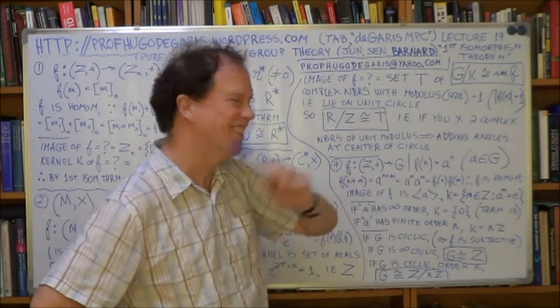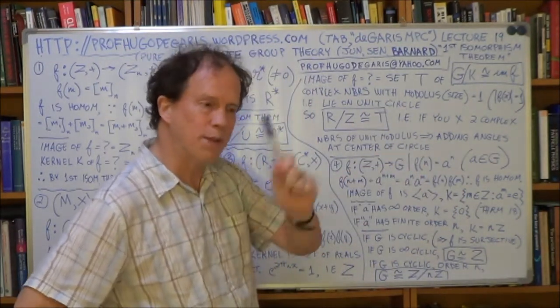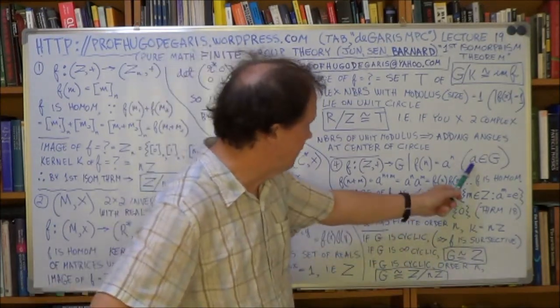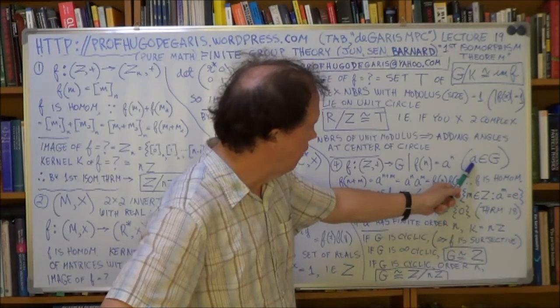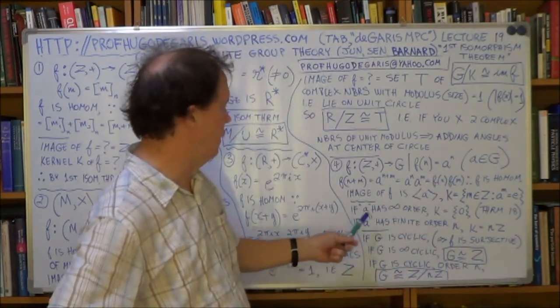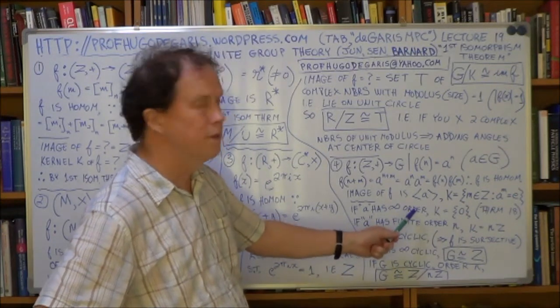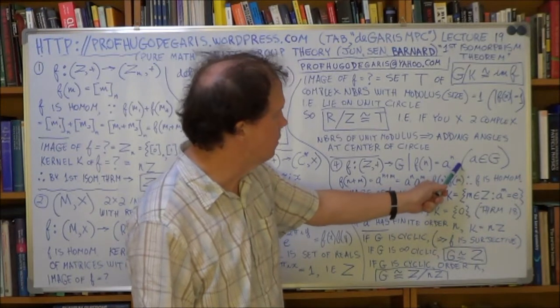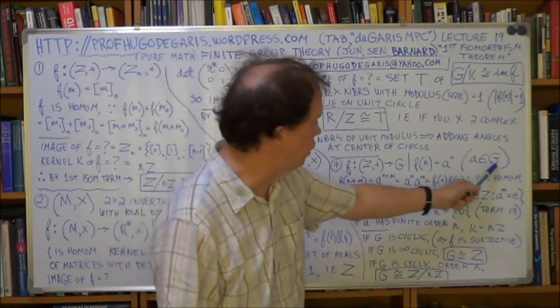Again, remember the distinction between the order of an element and the order of a group. So have a look at this element and ask what's its order. Now if it has infinite order, there's no finite n such that a to the n equals the unit of the group G.